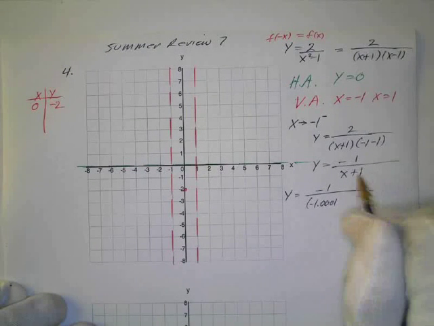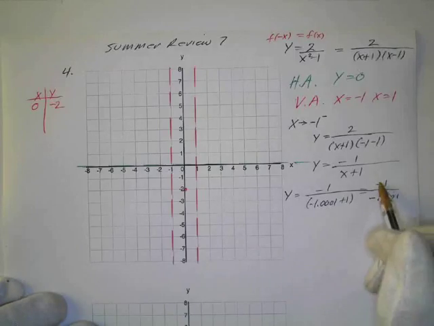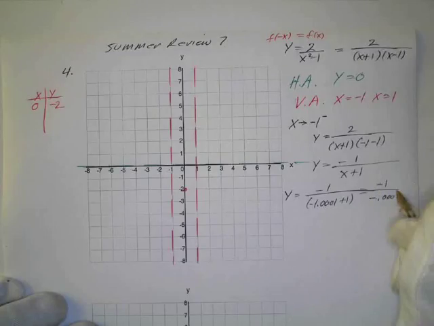And then that's going to be plus 1. And that's going to be the same as negative 1 over a negative, because the absolute value of this is bigger than that, so that's going to be negative and a very small number. Okay, it's even going to be smaller. Now, what's a negative over a negative? It's a positive.